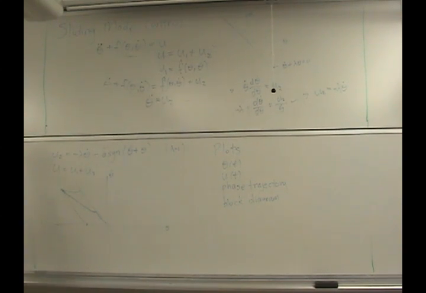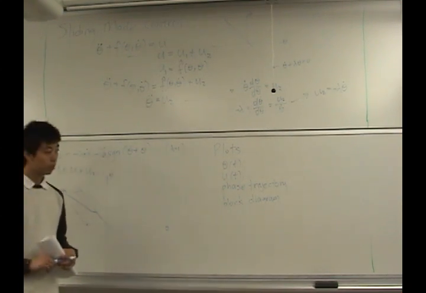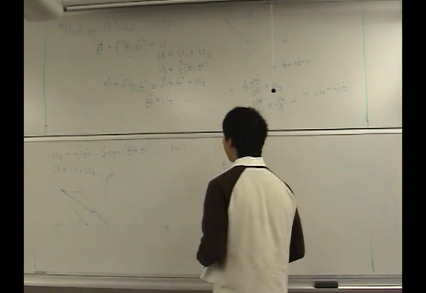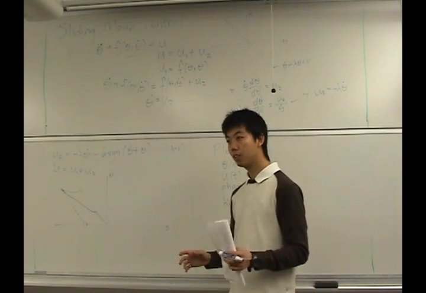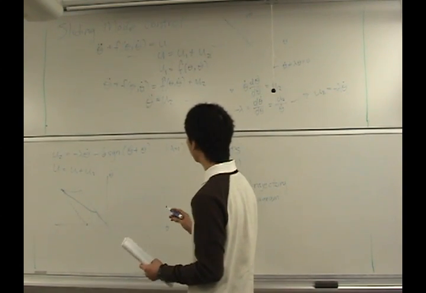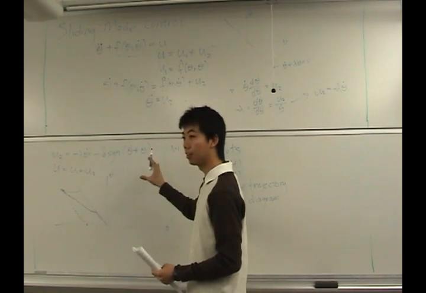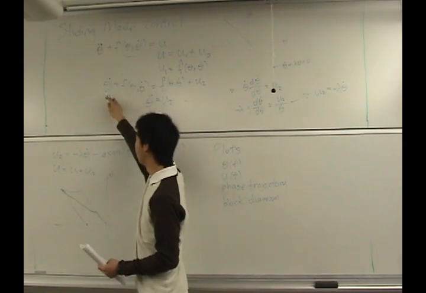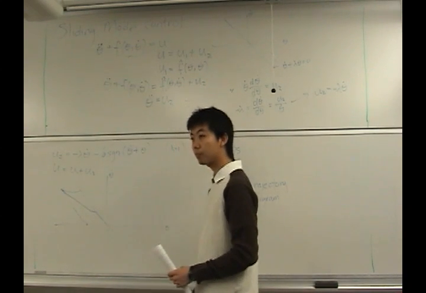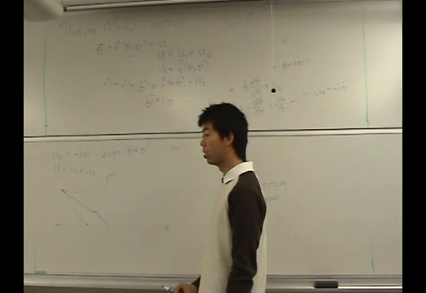Right. So what if it had been like 3 theta double dot? How do you deal with something like that? If it had been 3 theta double dot, then you should be able to work that into a double dot term. Pull out the 3 and then do 1/3 for the second term.